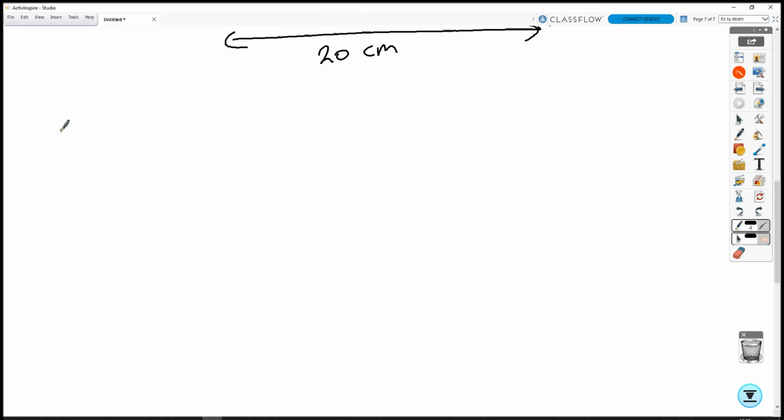Last one is a couple. And couples are when you apply forces in two separate directions on two different sides of a pivot in order that they provide moments in the same direction.